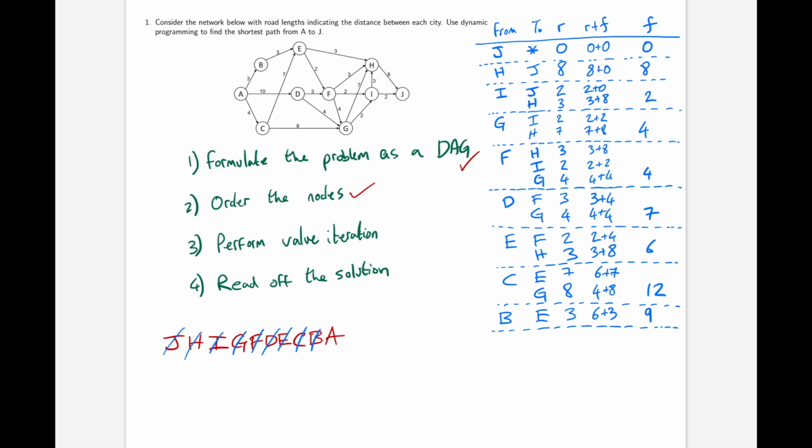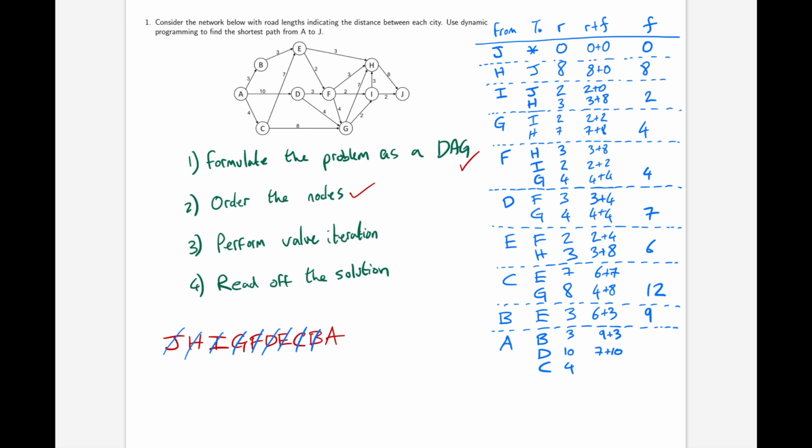Finally, we'll consider A. There are 3 paths we can take from A via B, D, or C with rewards 3, 10, and 4 respectively. The shortest path from B to J has length 9, that's the value of B. And so if AB is on our shortest path from A, then the value of A would be 12. The shortest path from D to J is 7.